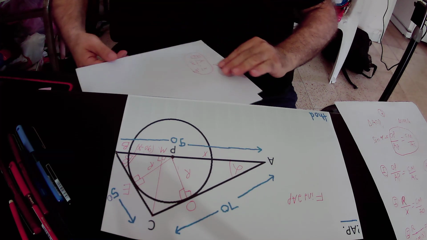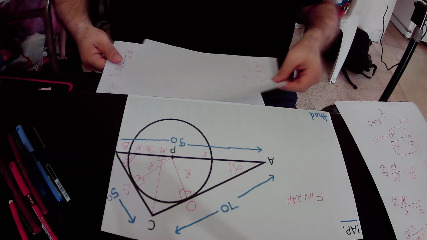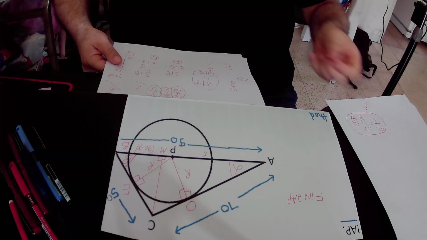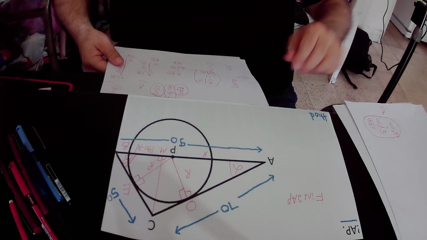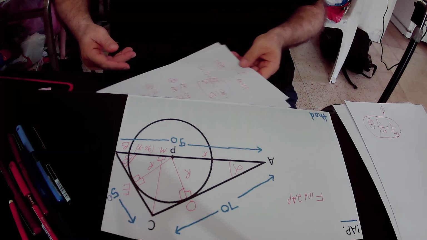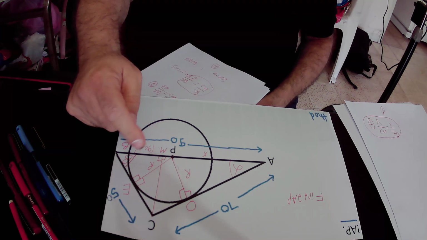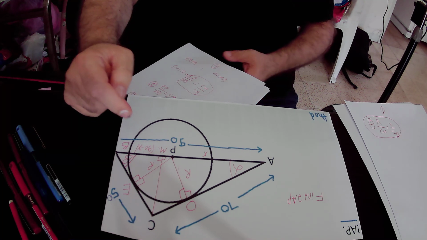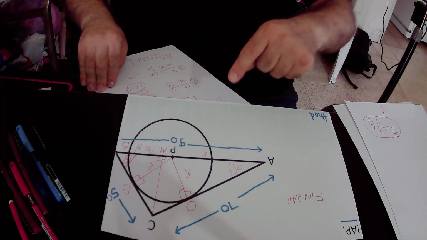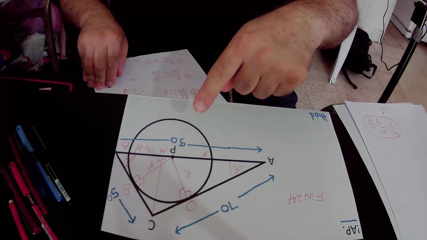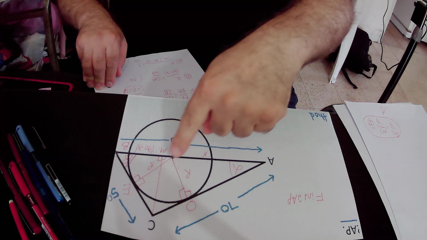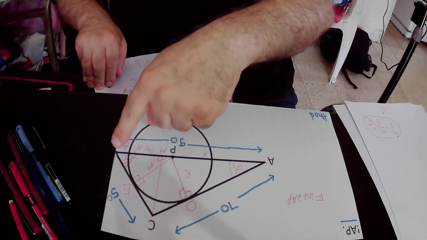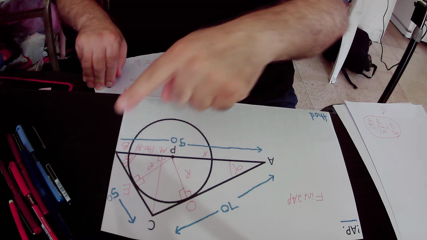Then we focused on angle beta, and on the right triangle PEB. In the right triangle PEB, sine beta equals EP over PB.